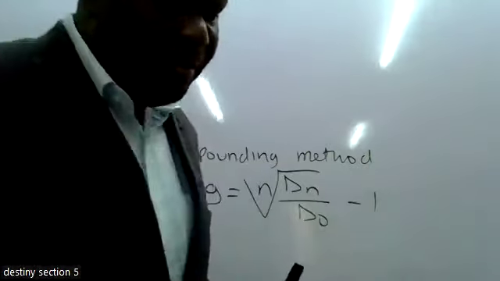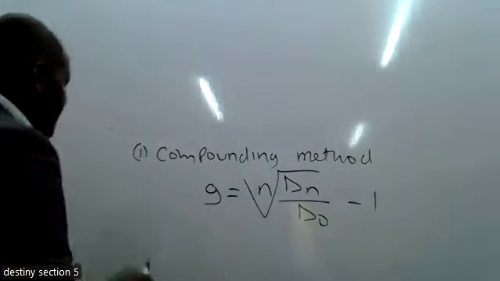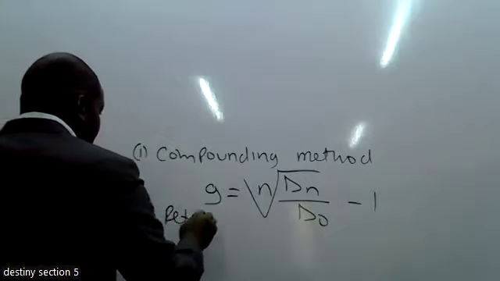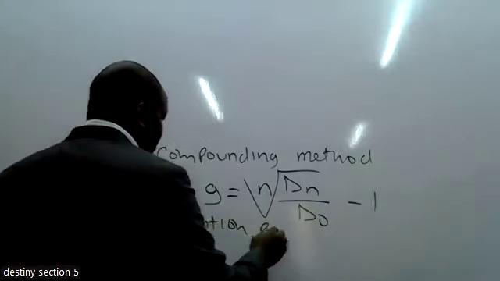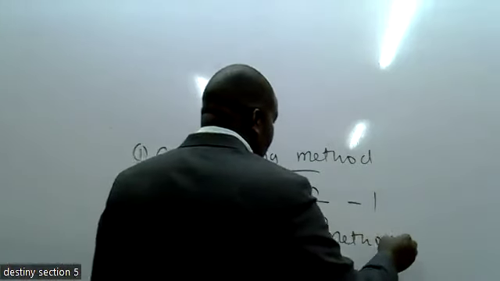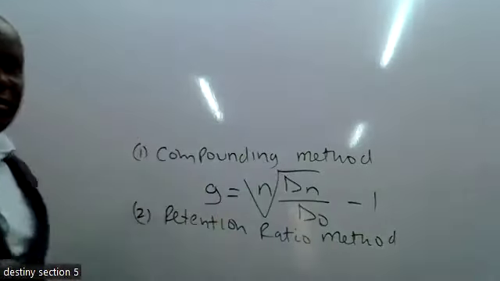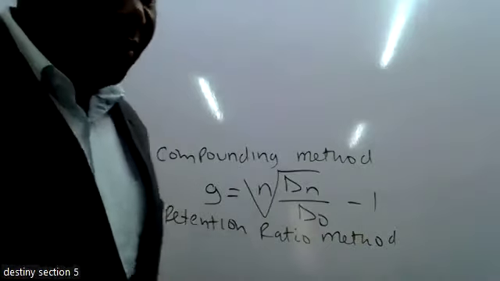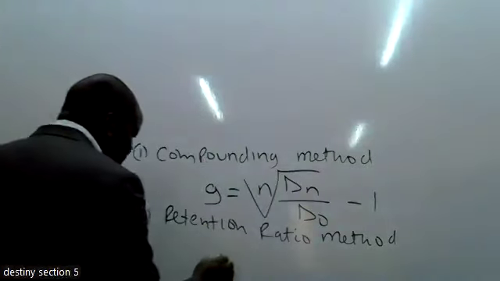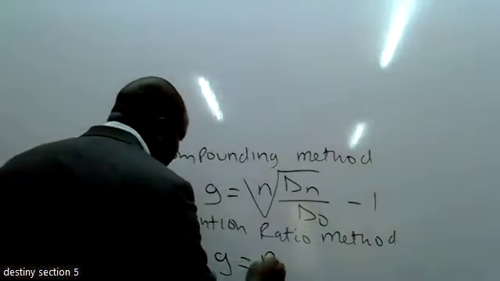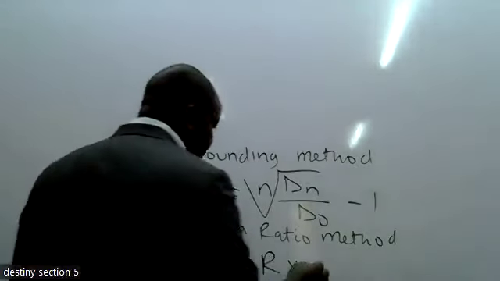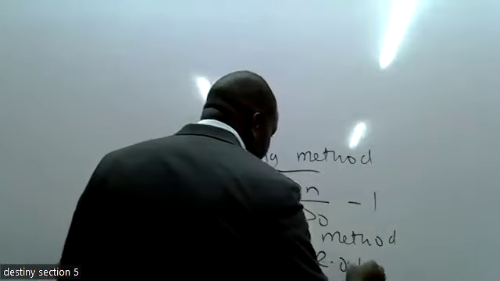Then number 2 will be the retention ratio method. So to get G will be given by R multiplied by something.